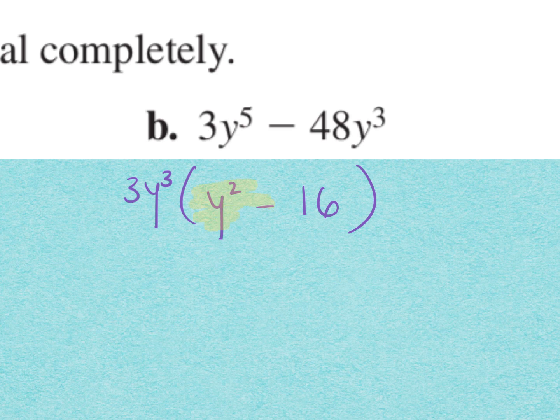Can I factor y squared minus 16 anymore? What's special about y squared and 16? Difference of squares. They are perfect squares. How do we factor the difference of squares? We find the square root, so that would be y and 4.